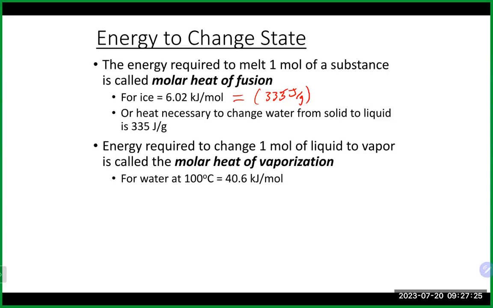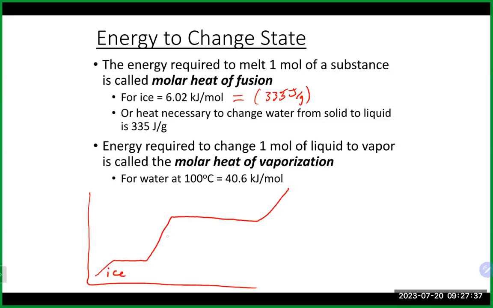So when we look at the transition of energy, if we look at a heating curve and a cooling curve, which is kind of the same thing, and if this was ice, this was liquid water, and this is steam up here. This would be 100 degrees Celsius, which is our boiling point.